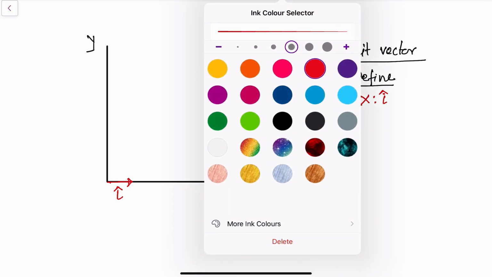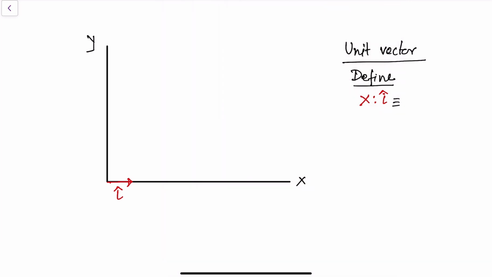It is nothing but a unit vector along the x-axis. Okay, it's a standard unit vector. Whenever we need a direction along the x-axis, we will use this. What will be the magnitude of I cap? Can you tell me?